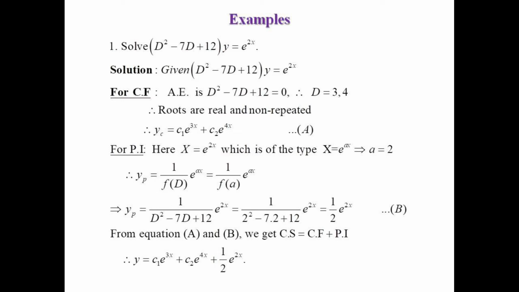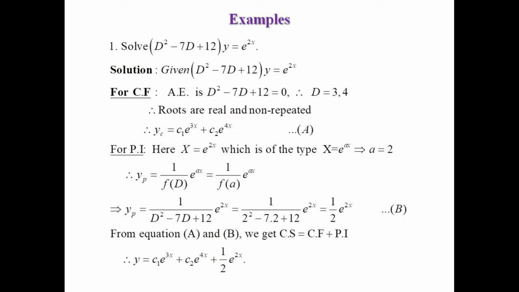Whenever we are finding the particular integral of any linear differential equation with constant coefficients, first write down the right hand side of the linear differential equation, which is denoted by capital X. Here the right hand side is e raised to 2x.